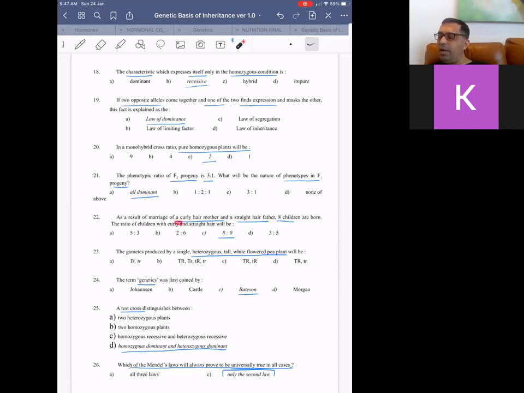As a result of a marriage between a curly hair mother and a straight hair father, 8 children are born. What is the ratio of children with curly and straight hair? If you remember, curly is dominant over straight hair. We did this. So a curly hair mother, capital C capital C, is crossed with a straight hair father, small c small c.